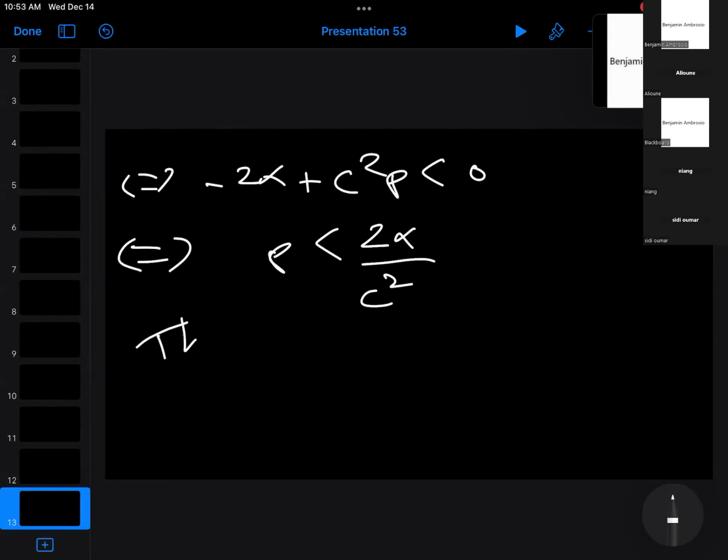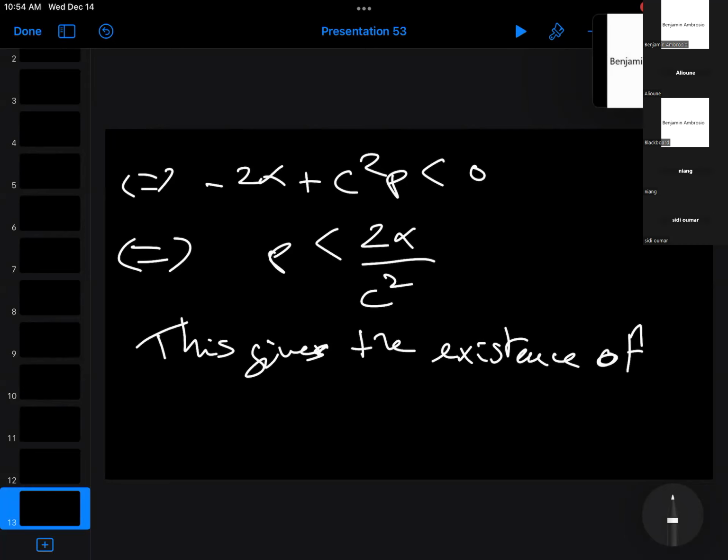So this gives the existence of U, and everything we've done comes with uniqueness. There's only a unique fixed point.